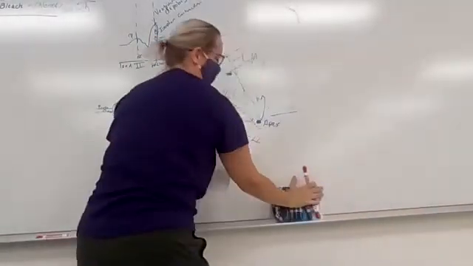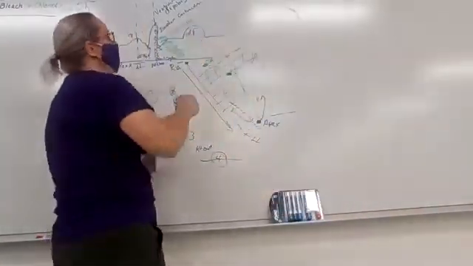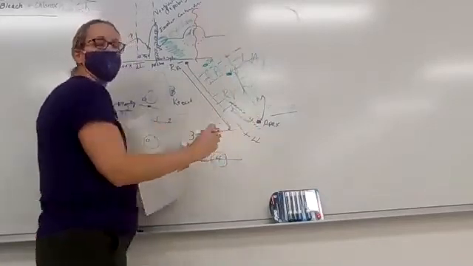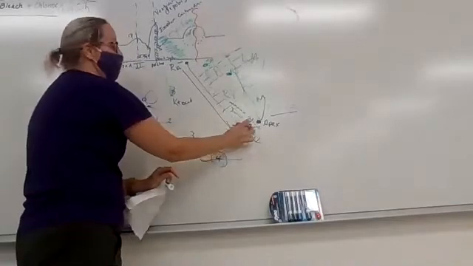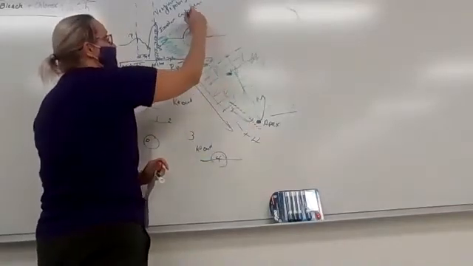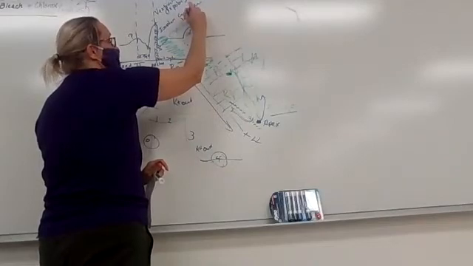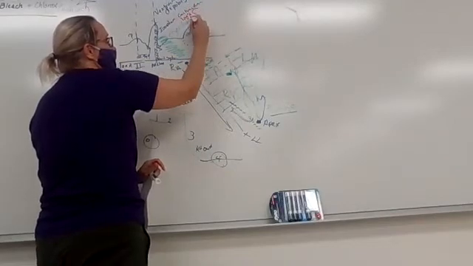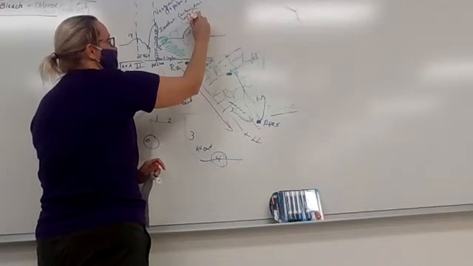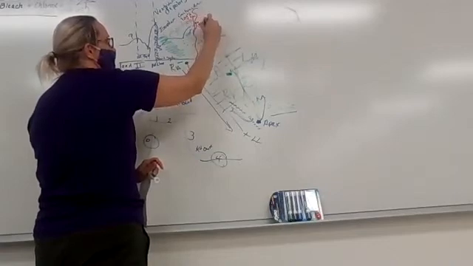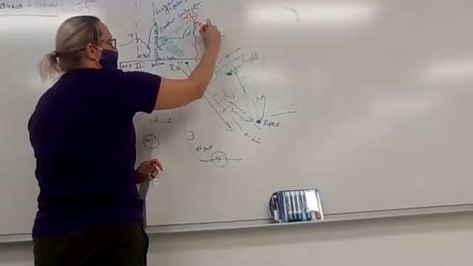Somewhere around the middle of the T wave, I am going to start to see some of my ventricle cells repolarized. So if I had 100% right here, ventricle cells contracting, right around here I'm going to start to see 90, and then 80, and then 70, and then 60, and then 50, and then 40.